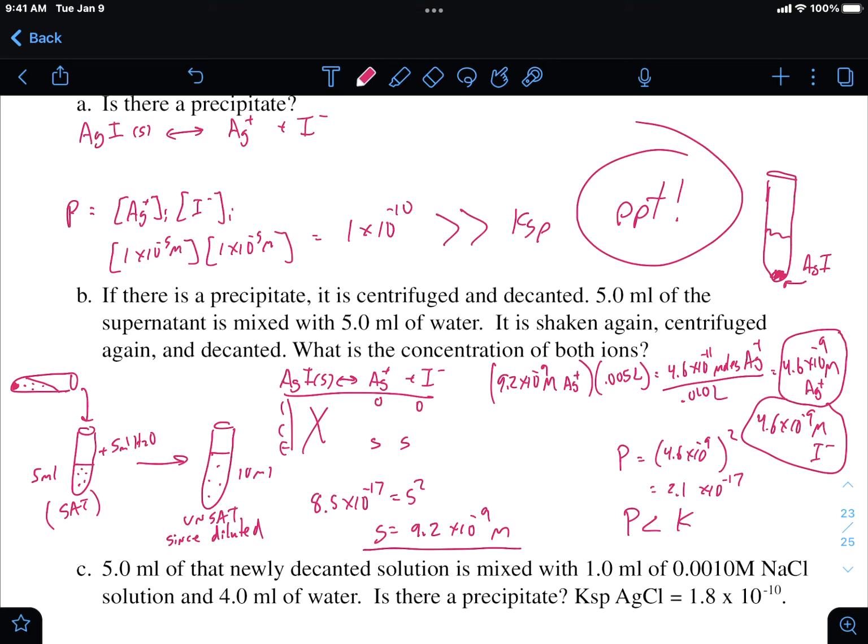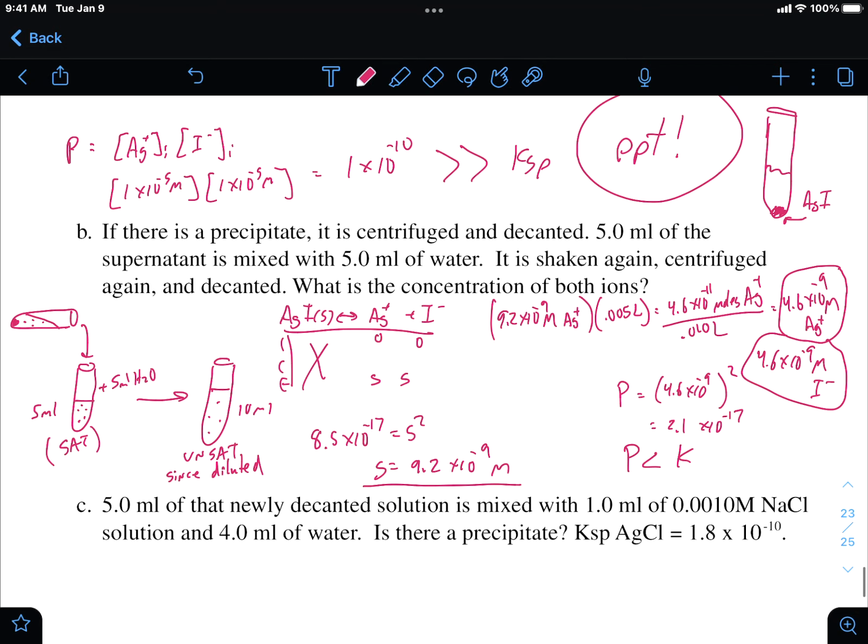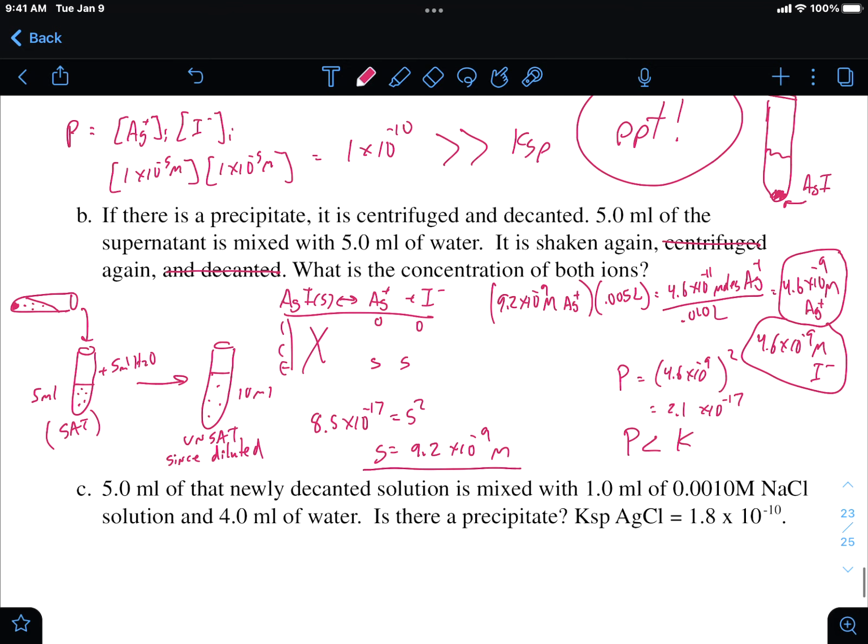Okay. All right. So no need to centrifuge or decant because nothing precipitated.